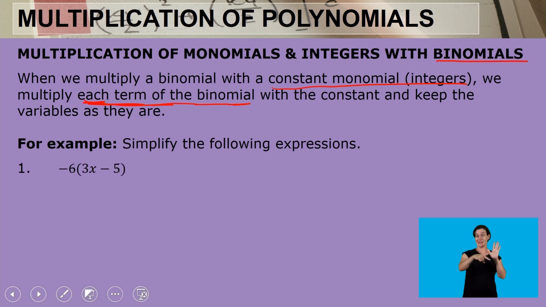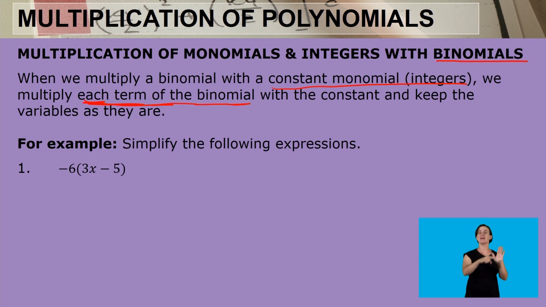So here we are given a negative 6 multiplied by the binomial in the bracket there, which is 3x minus 5. So how are we going to multiply this binomial? Now remember, this is a binomial because it has two terms, and we need to make sure that each of the terms in the binomial multiplies with that negative 6.